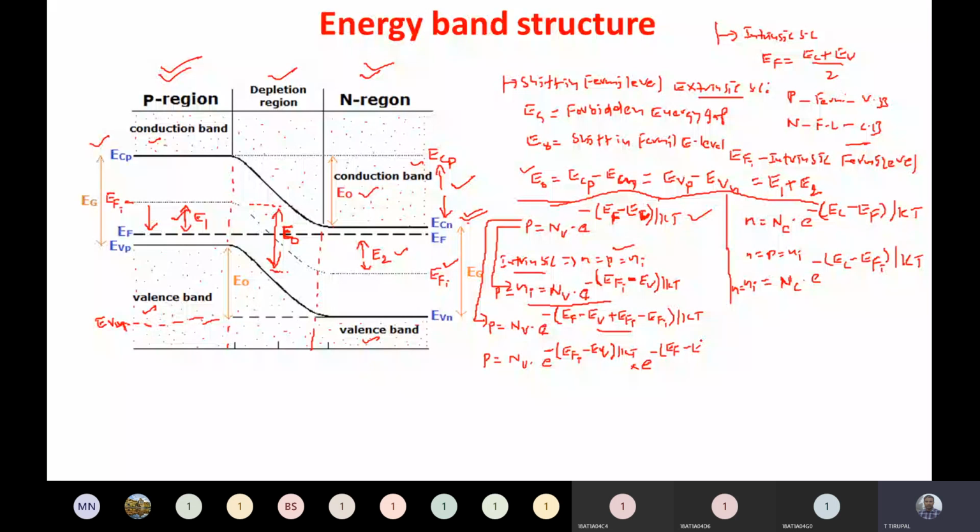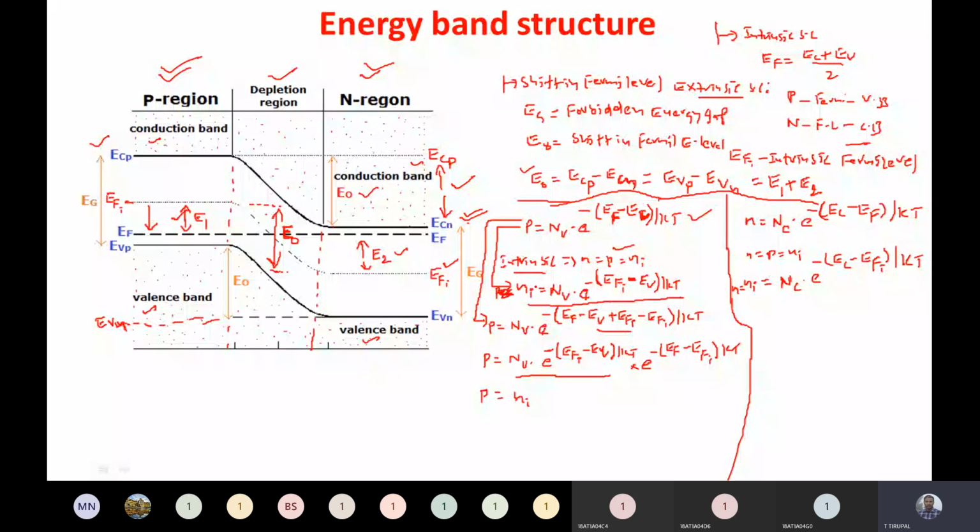Now P is equal to, what is this equation? NV into e power minus of EFI minus EV divided by KT. So this is the equation. So this equation can be written as Ni, because we have written here intrinsic concentration Ni is equal to this one.